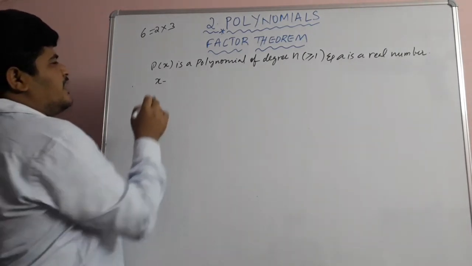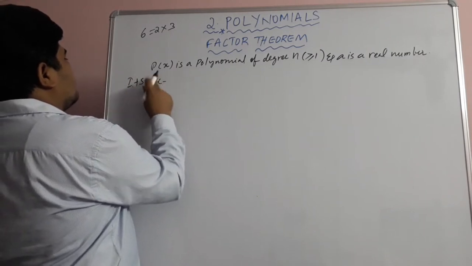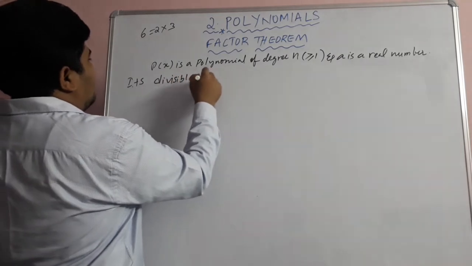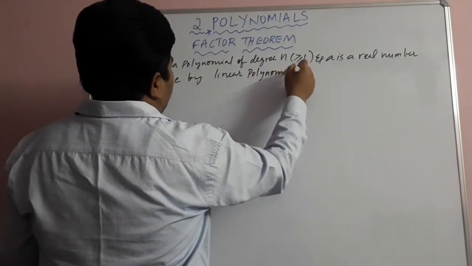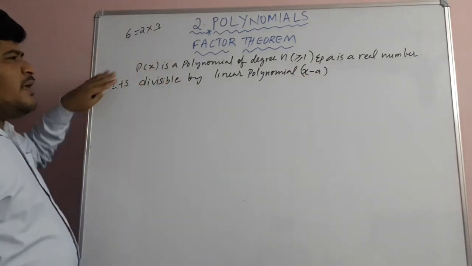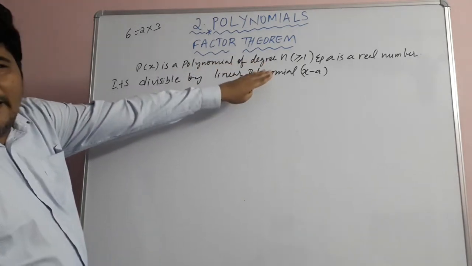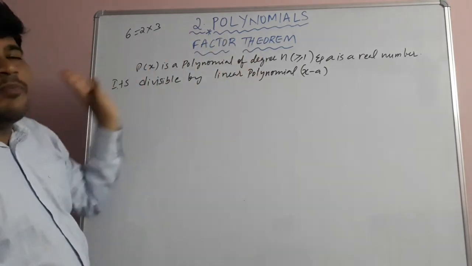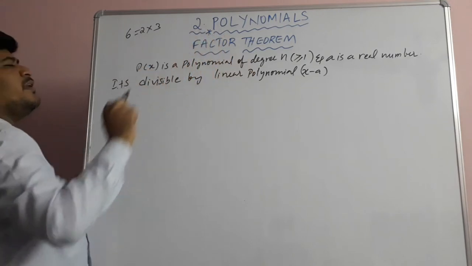Here P of x is divisible by the linear polynomial x minus a. That means this polynomial P of x is divisible by the linear polynomial x minus a.